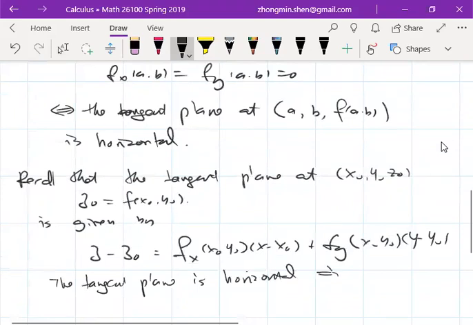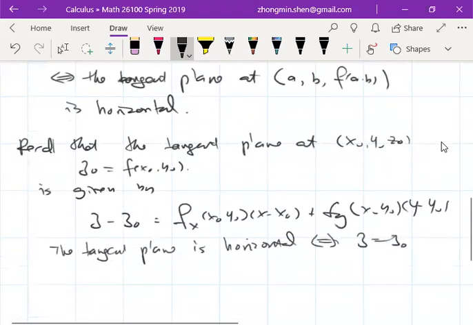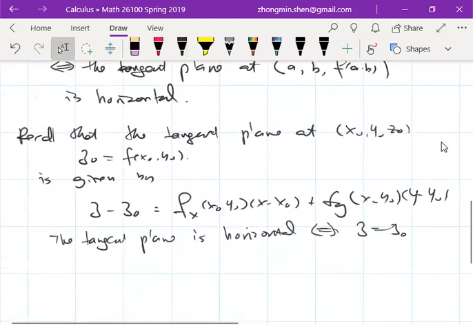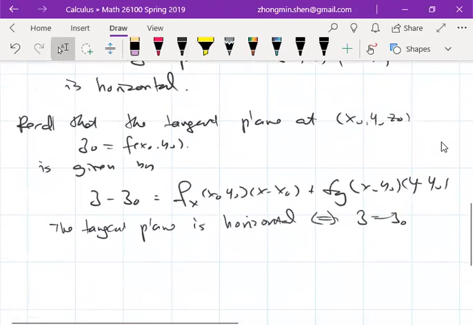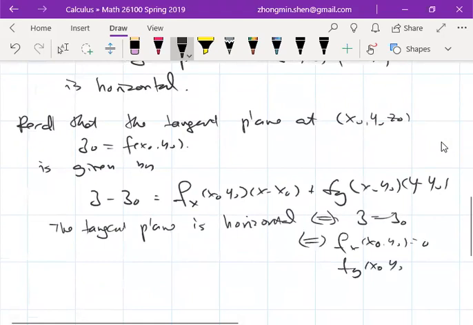If and only if z equals z0, so the z coordinates are all the same. That means if and only if those partial derivatives are 0. That's the reason you get those partial derivatives.